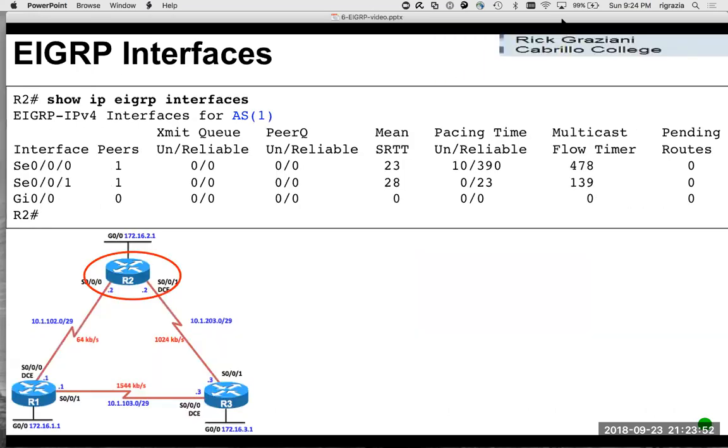Okay, show IP EIGRP interfaces. This just shows us which interfaces we have enabled for EIGRP. We can see the two serial interfaces actually have peers, meaning they have neighbors, whereas the gigabit interface, which is also enabled for EIGRP, does not have any neighbors, does not have any peers.